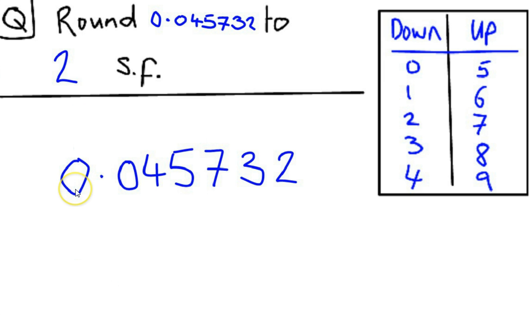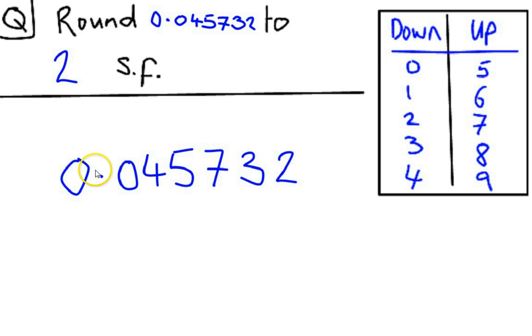So our first non-zero digit, this is not a significant figure, this is not a significant figure. Our 4 here, representing the number of 100ths, is our first most significant figure. It's the first non-zero digit that has the highest value. So we're going to start counting from here. This is our first most significant, and the 5 here is our second most significant.